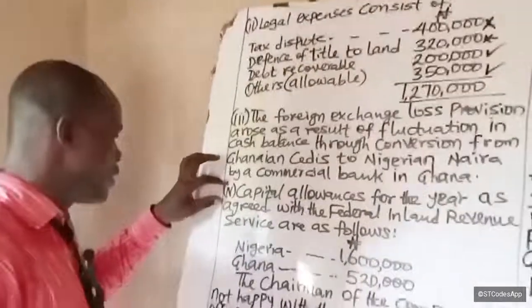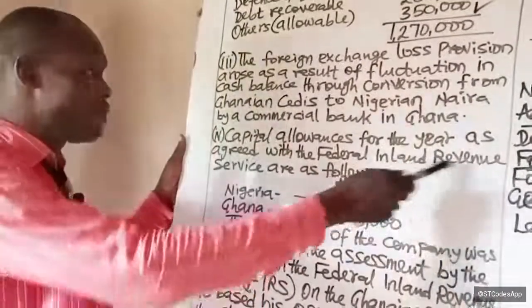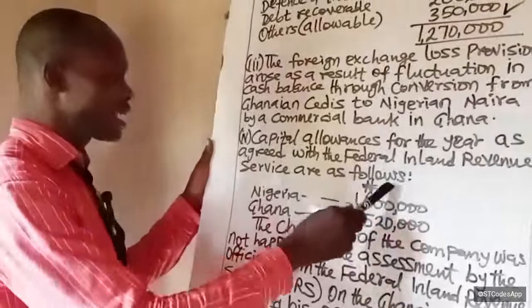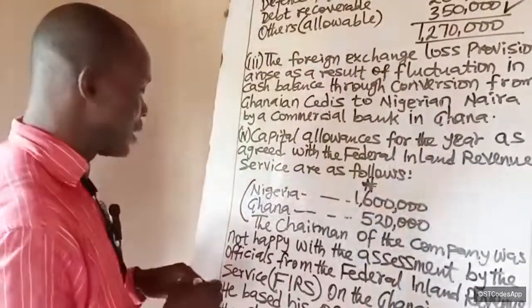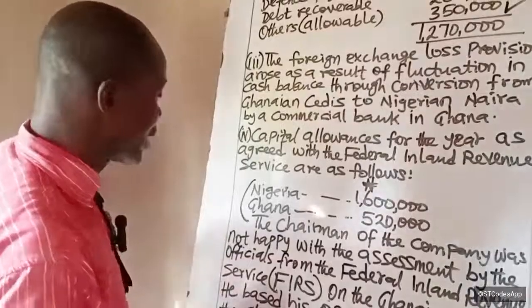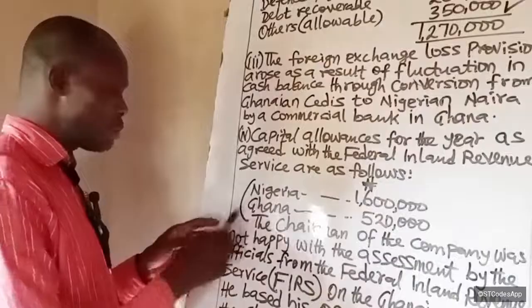Then note 4, capital allowances for the year as agreed with the Federal Inland Revenue Service as follows. So we are going to deduct the capital allowance after we've arrived at our assessable profit or adjusted profit to get the total profit.